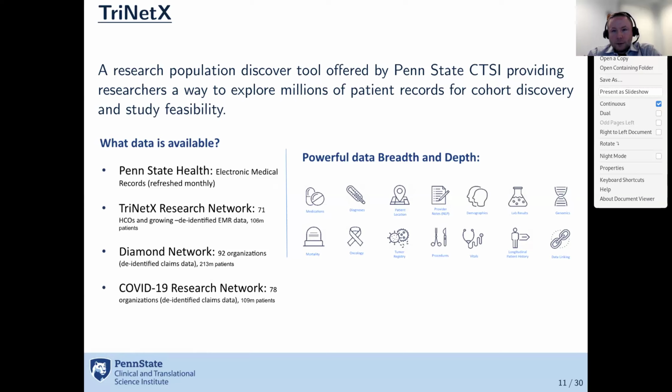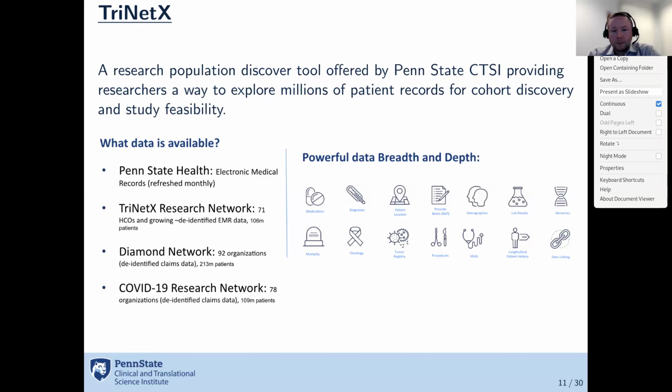And through TriNetX, there's a web platform with a basic cohort builder where you can start to qualify patients for different conditions and outcomes, and there are some basic analysis tools.